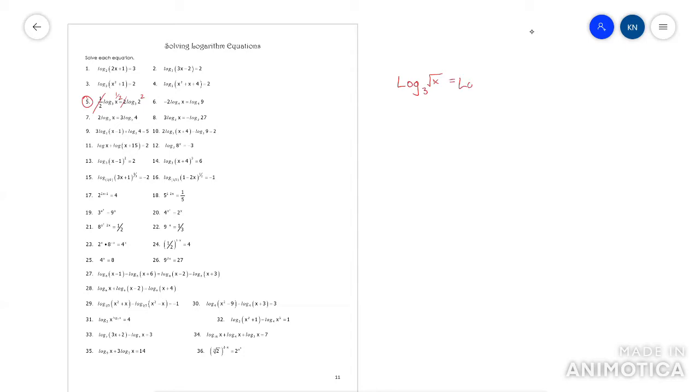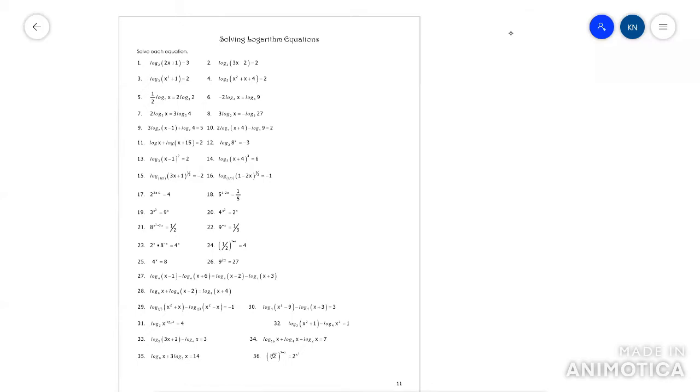And then log base 3 of 2 squared is 4. All right. And so you end up with this right here. And so basically now all you have to do is say, okay, well, root x equals 4 and then square both sides. X equals 16.